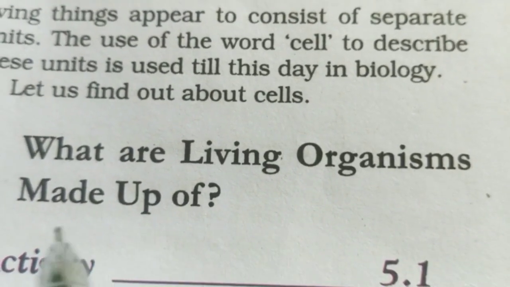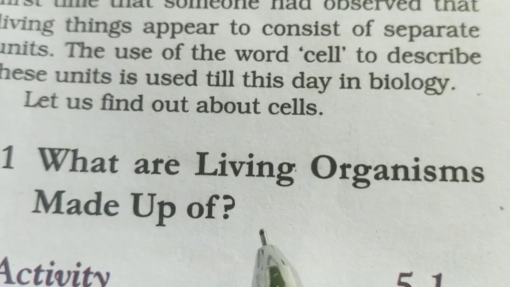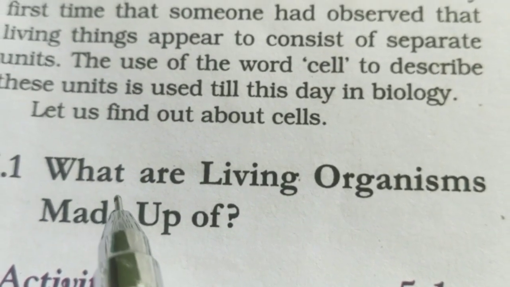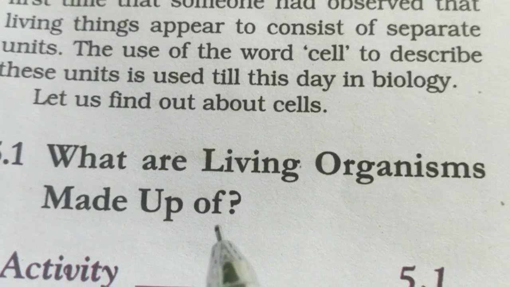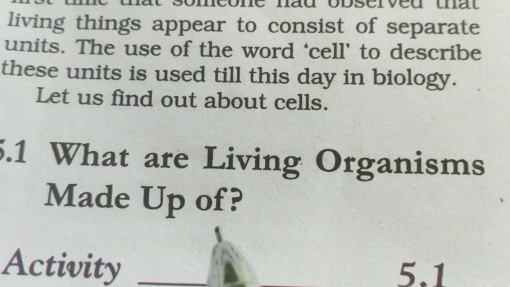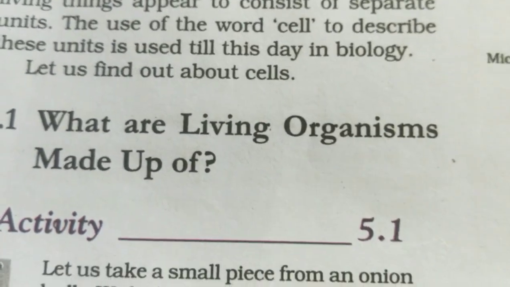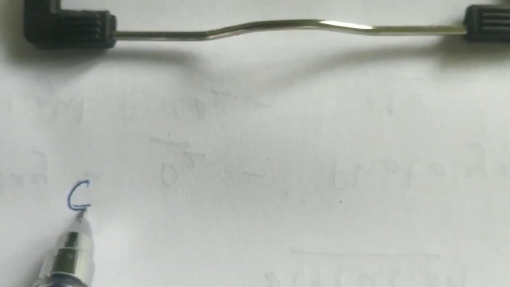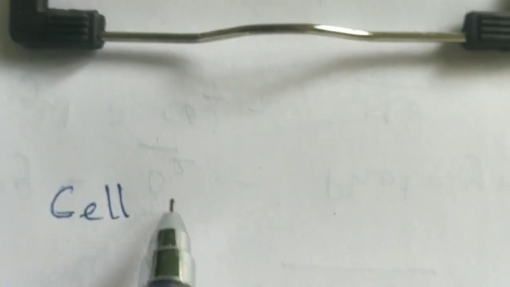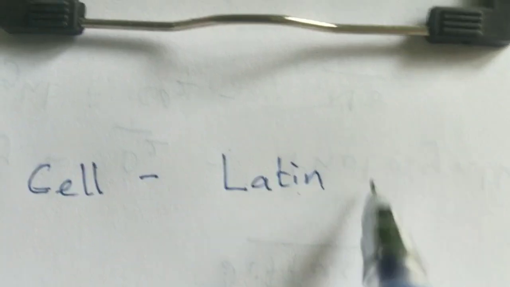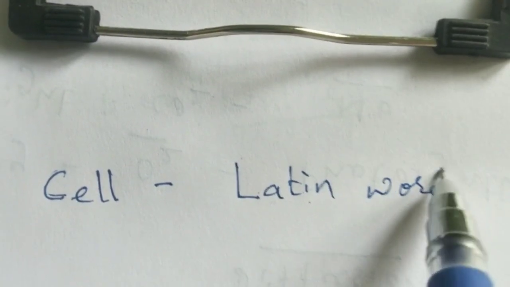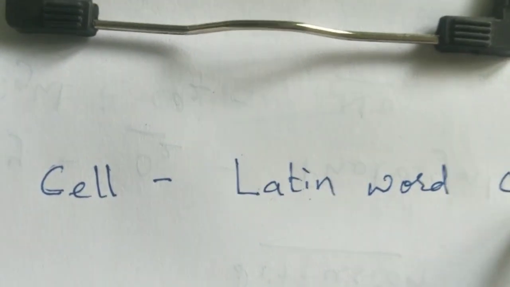What are living organisms made up of? Basically, the living organisms are made up of the structures called cells.